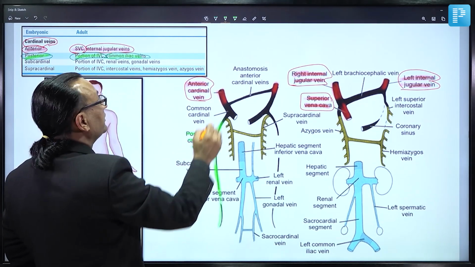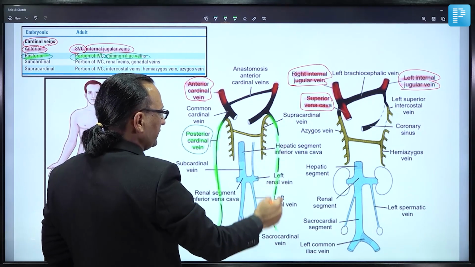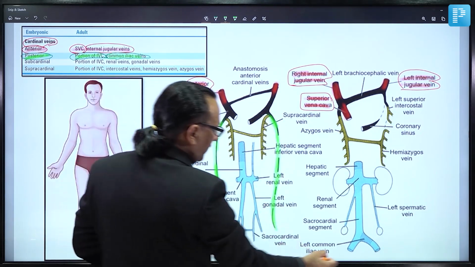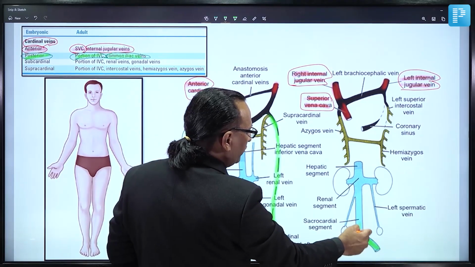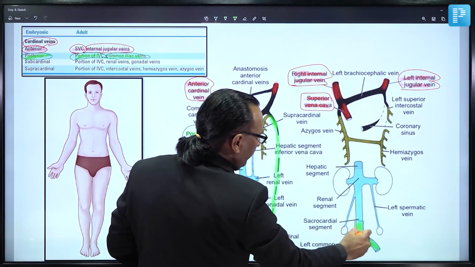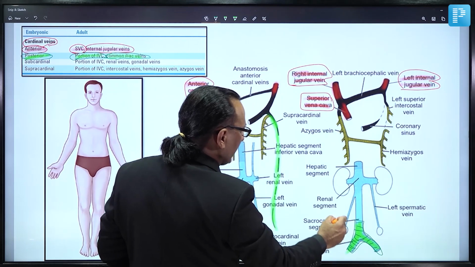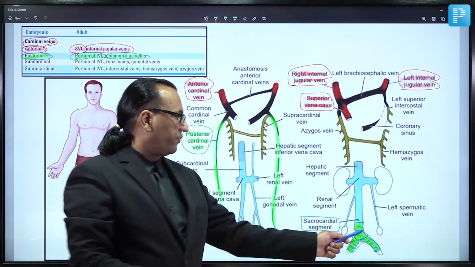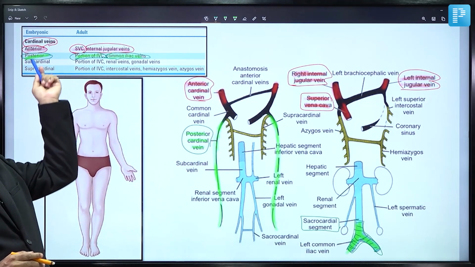Most of them will regress and will be replaced by another system of cardinal veins, but they do leave behind the common iliac veins in the pelvic region and the beginning portion of the inferior vena cava. Then, if you remember, I have mentioned some books calling it the sacrocardinal segment of the inferior vena cava. You call it posterior cardinal or sacrocardinal.